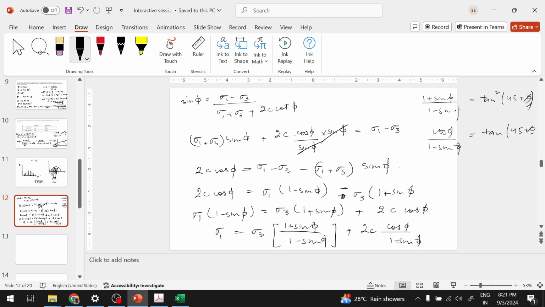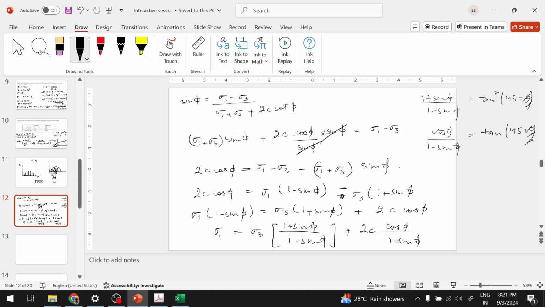You can calculate these identities yourself.